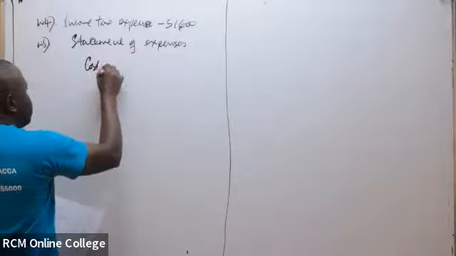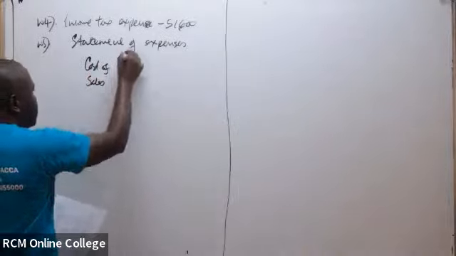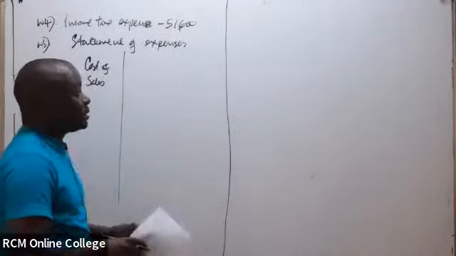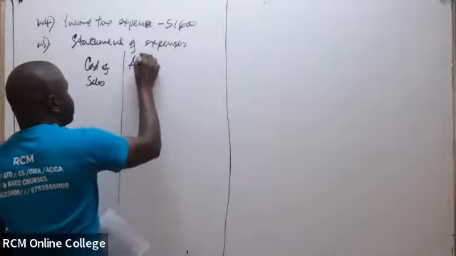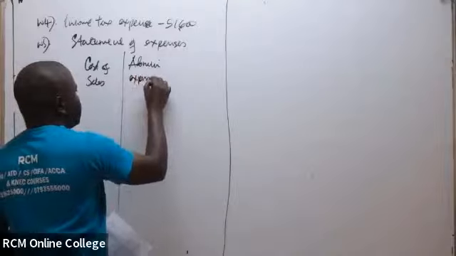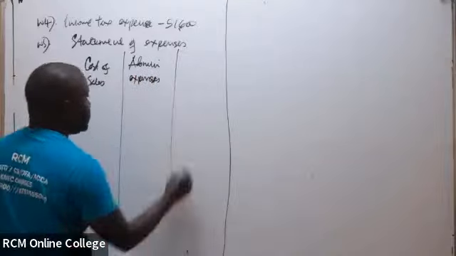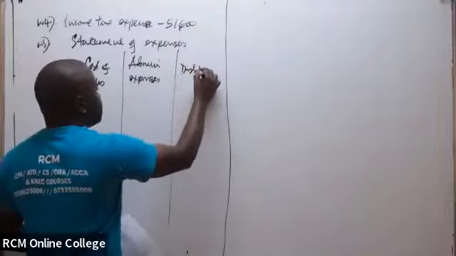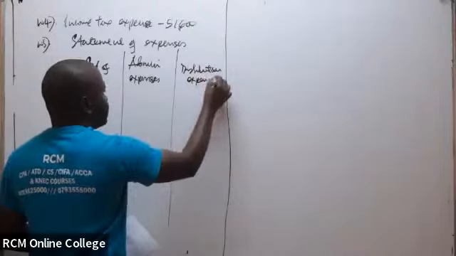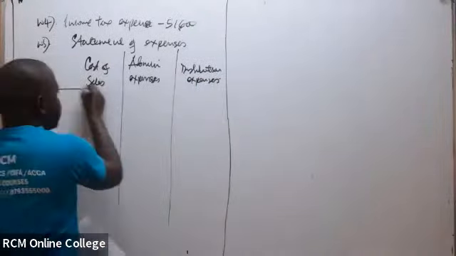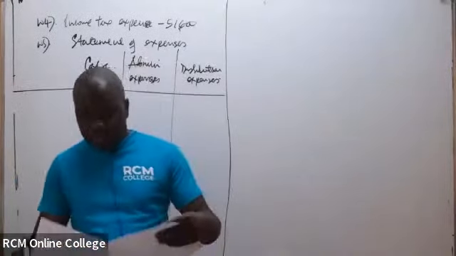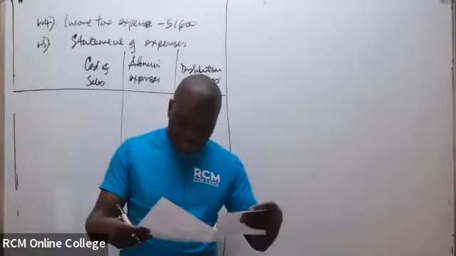We are also talking about the administration expenses, which you can write in full. Then we have the distribution expenses. If you have finance expenses which have been affected, you can also include them.